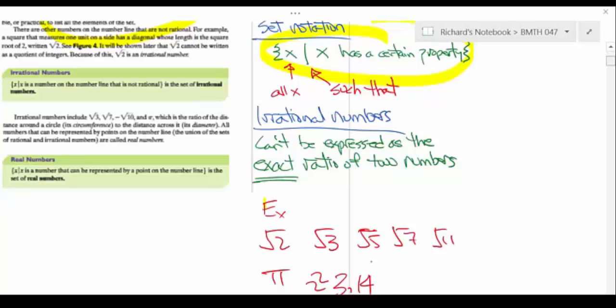Nothing on the times table multiplies together to make 7. 2 times 3 is 6. 2 times 4 is 8. But nothing multiplies together to make 7. 7 is called a prime number. Same with 11 or 3 or 2. Anytime you take the square root of one of these prime numbers, it's going to be an irrational number. And that's just something you have to memorize.